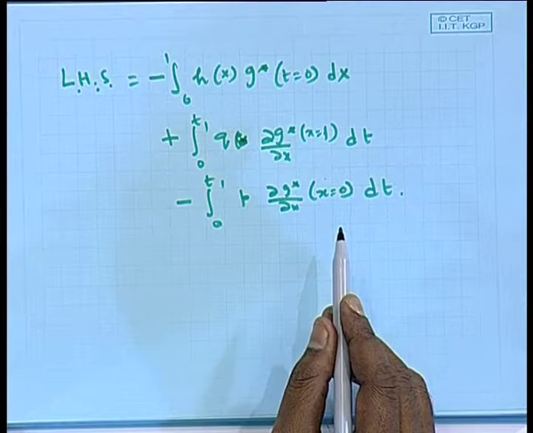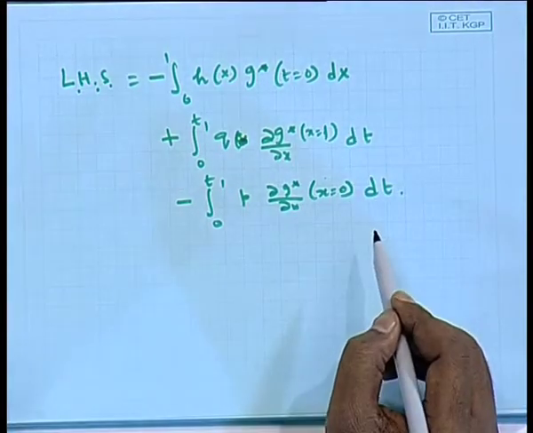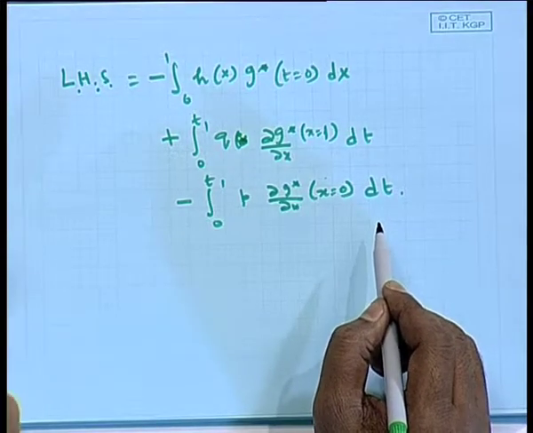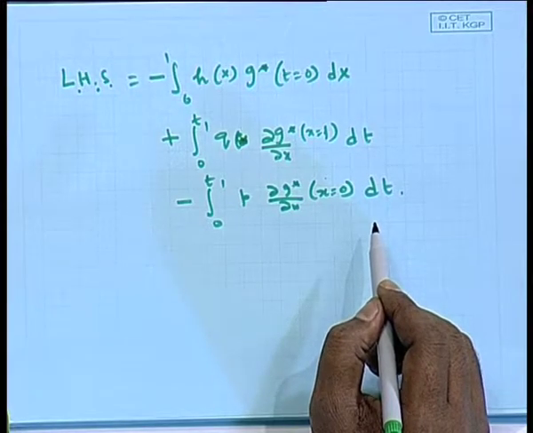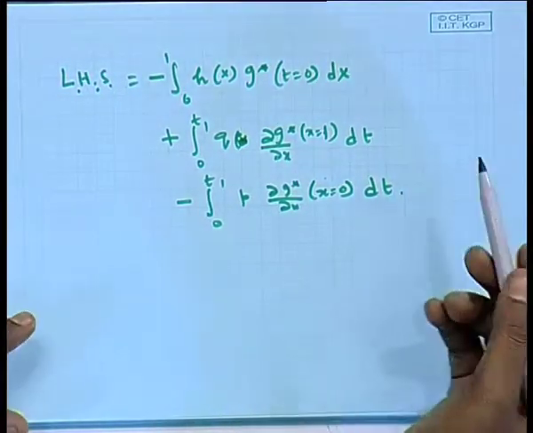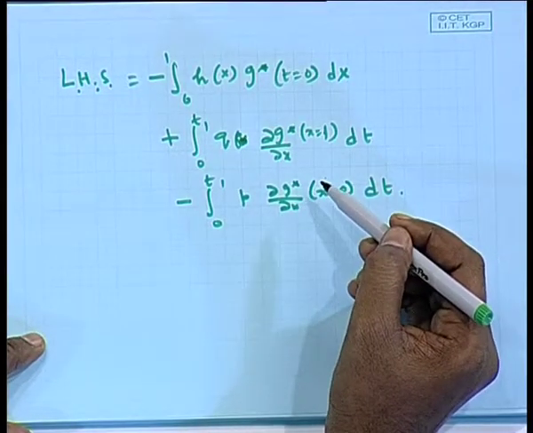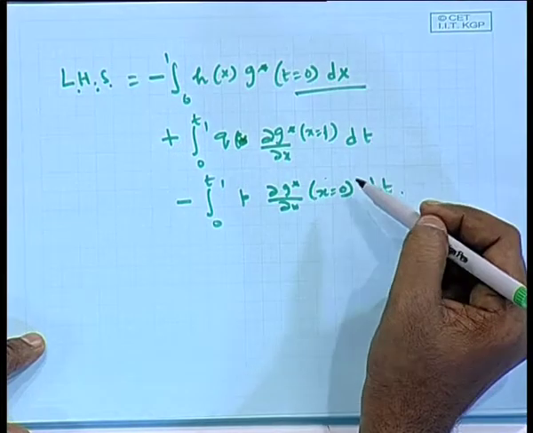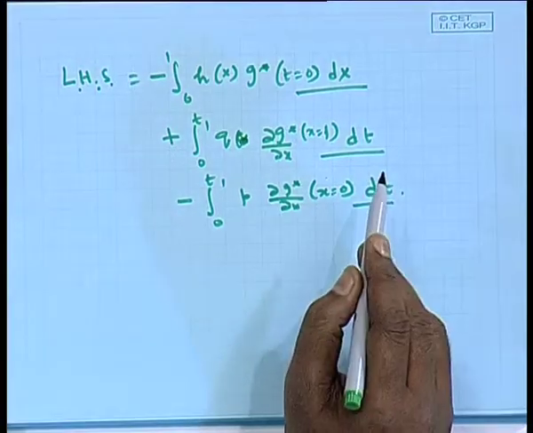Now, on the left hand side you will be getting 3 non-zero integrals. These 3 non-zero integrals, if you just check, correspond to 3 non-homogeneous conditions, one on the initial condition, the other two on the boundaries. Since the initial condition is not homogeneous, this integral is over x. On the boundaries, boundary conditions are not homogeneous, that is why these integrals are over t.